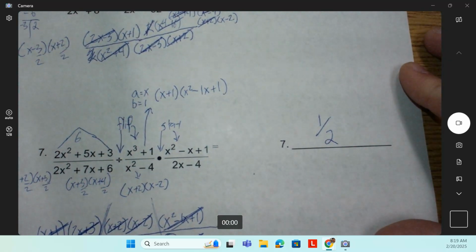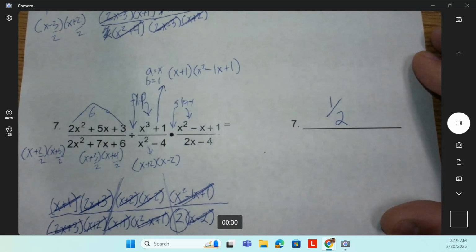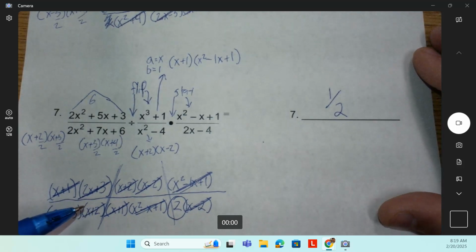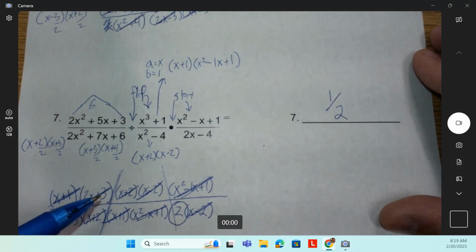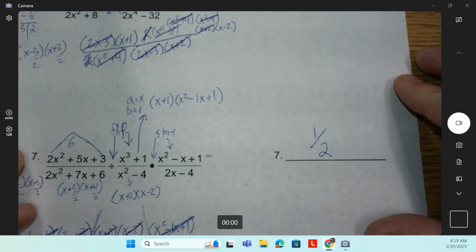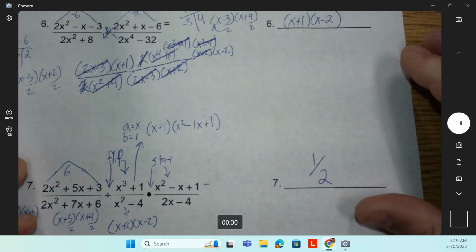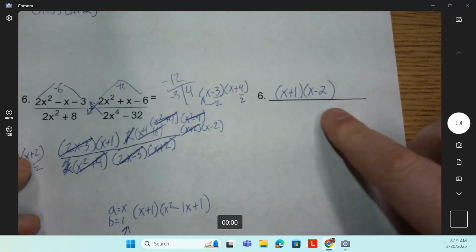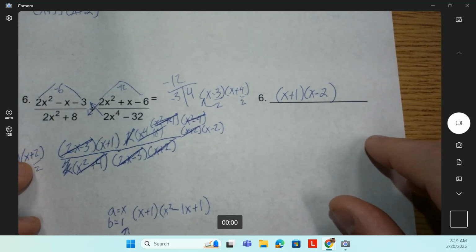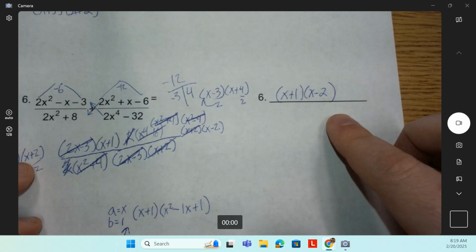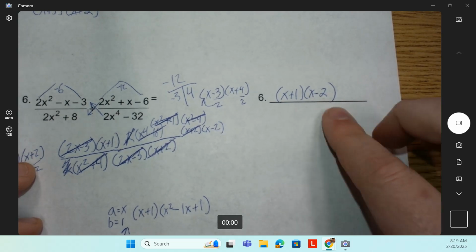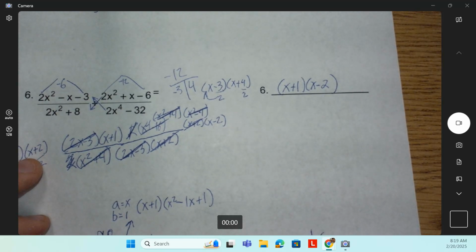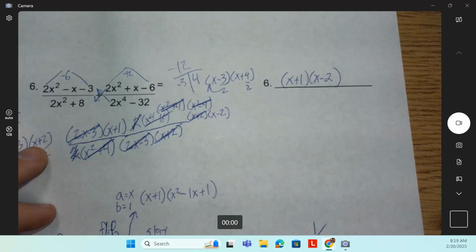So it's a lot of steps, but if you take it a piece at a time, factoring those out, and then once you have it set up to where you can cancel, you get sometimes a very simplified answer, sometimes not as simplified. Then from there, like on number 6, if we needed that back in the form of a trinomial, we could do that. We could use that then to find different values of what x would be or what y would be if that was turned into an equation.